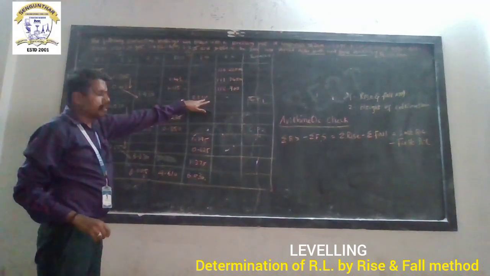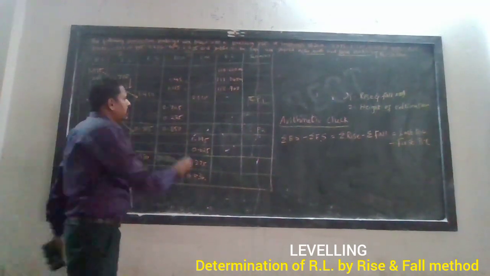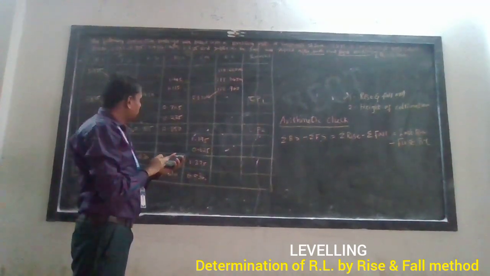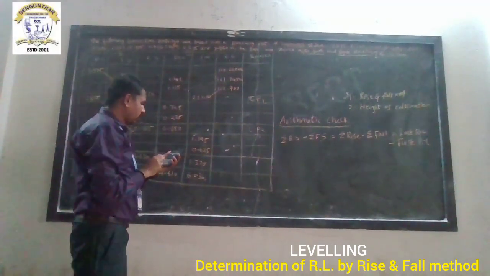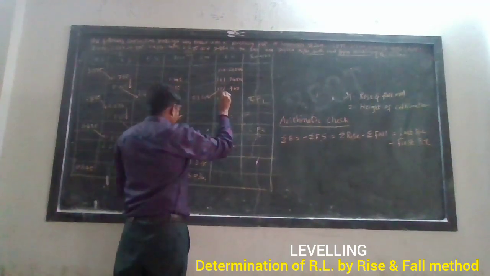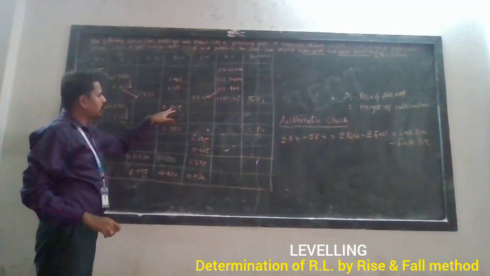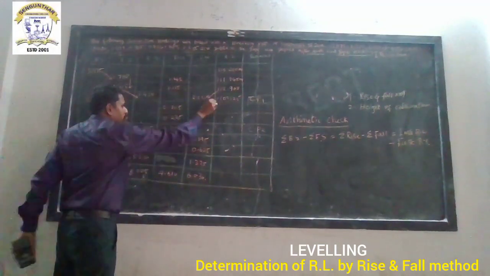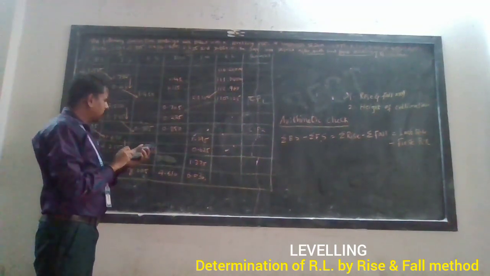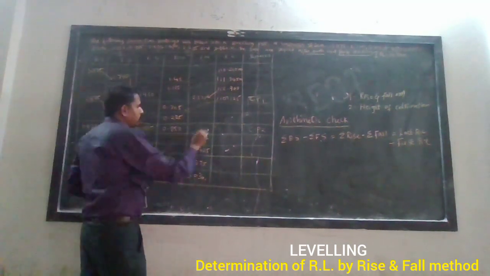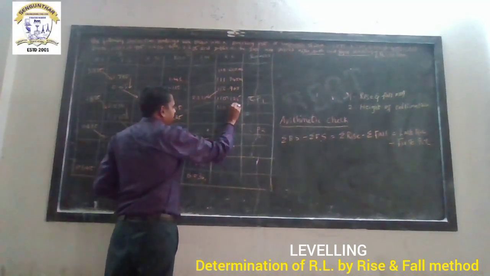See the next value. The next value comes in the fall column. So here we are going to subtract the RL minus this value, minus 2.835, which is equal to 110.125. See the next value. The next value comes under rise. So here I am going to add these values, plus 0.765, so 110.890.